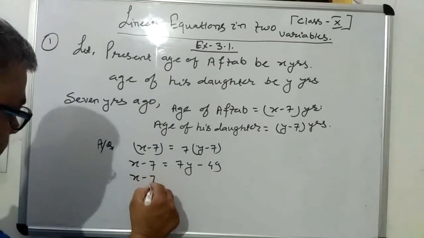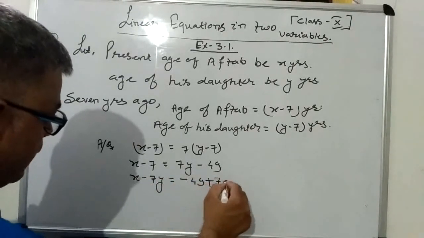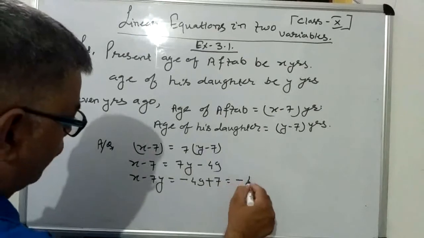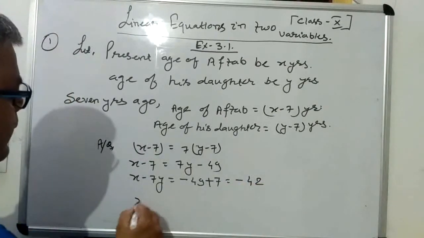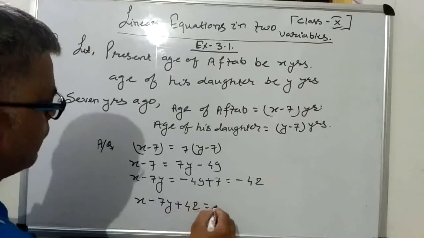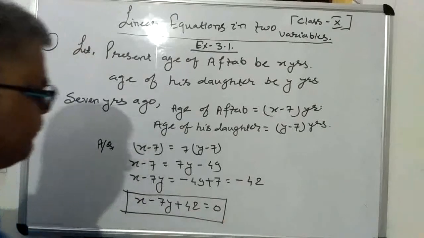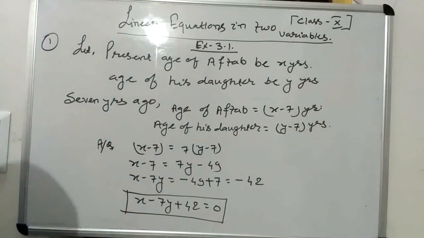So x minus 7y equals minus 49 plus 7, which is minus 42. So x minus 7y plus 42 equals 0 is the algebraic representation of this situation.